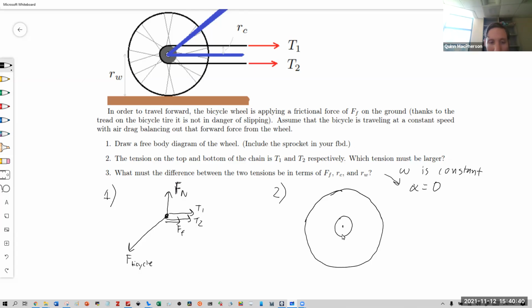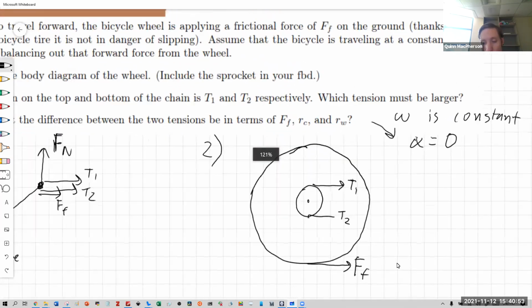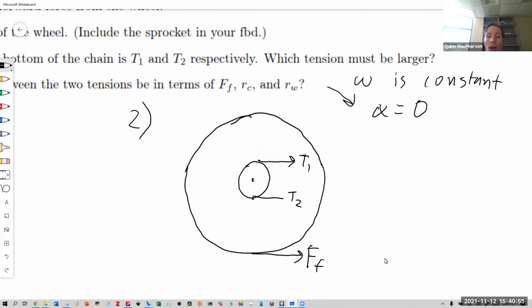So the other forces are T1, T2, and friction, force friction. So each of those forces creates a torque. T1 tries to spin it this way.